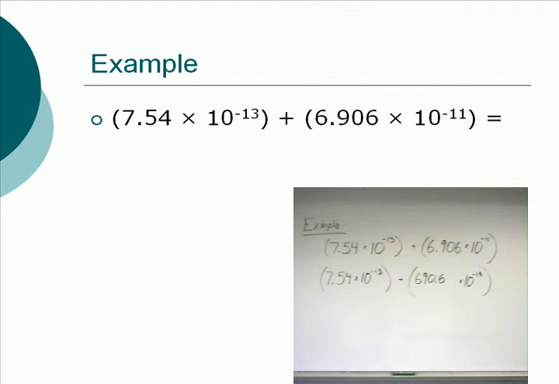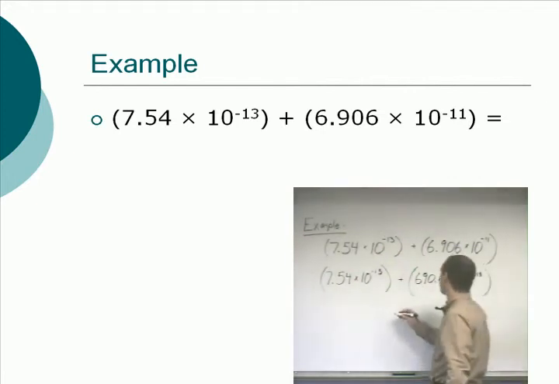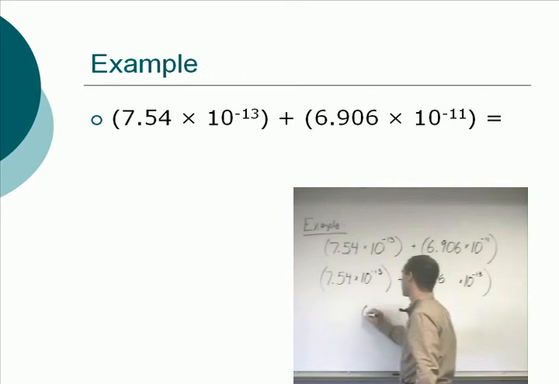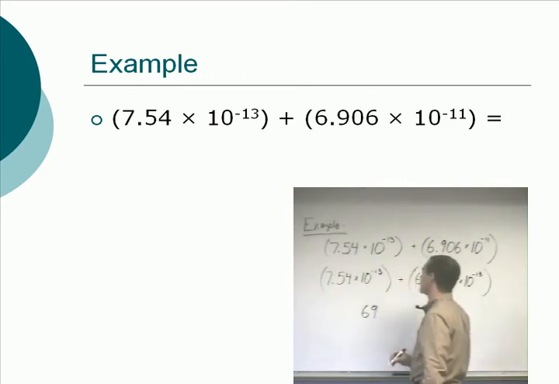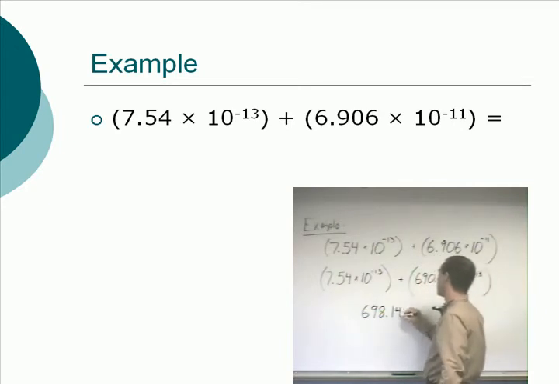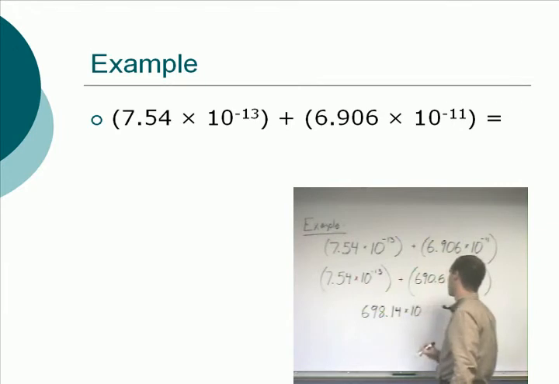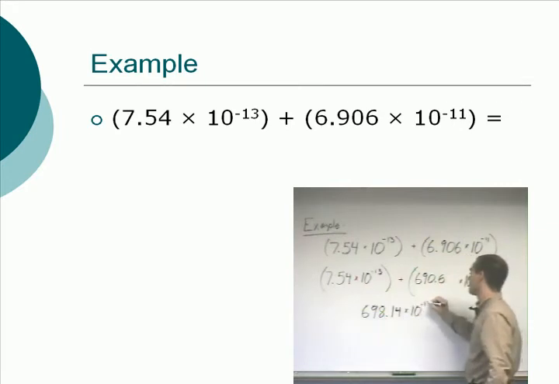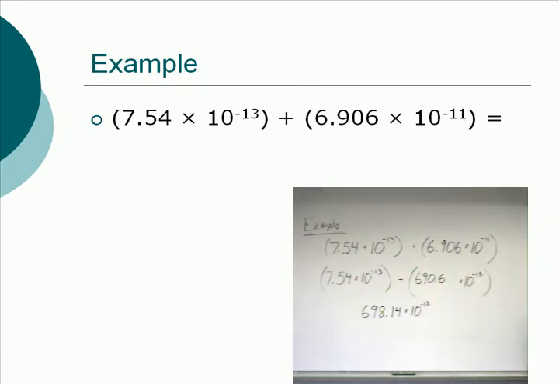Well, now we can proceed. 7.54 times 10 to the negative 13th plus 690.6 times 10 to the negative 13th gives you 698.14 times 10 to the negative 13th.